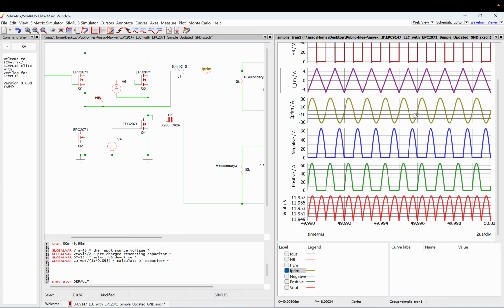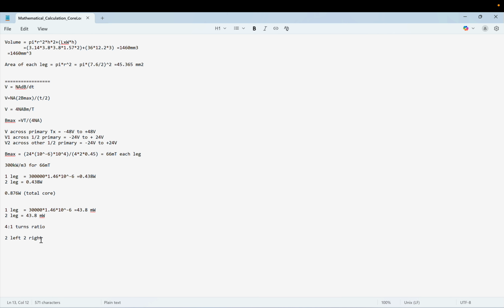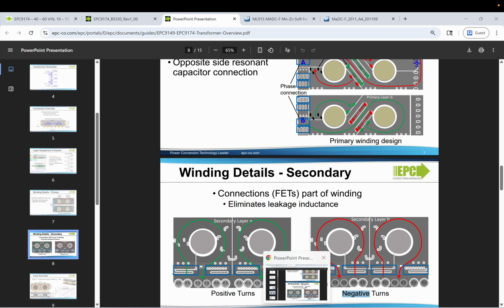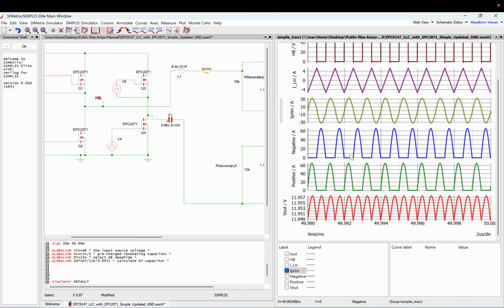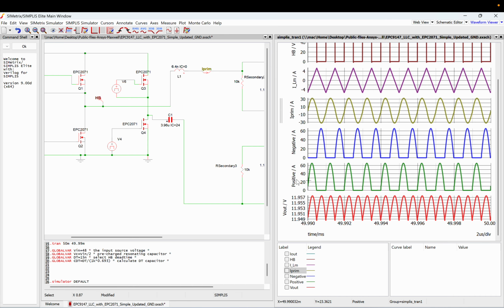So what I did, I saved each and every primary. Let's say primary, I click copy to clipboard graph data and do a control V. I get the X and Y amplitudes. Let's see, just to show you. Copy to clipboard graph data. I just select primary. Okay.